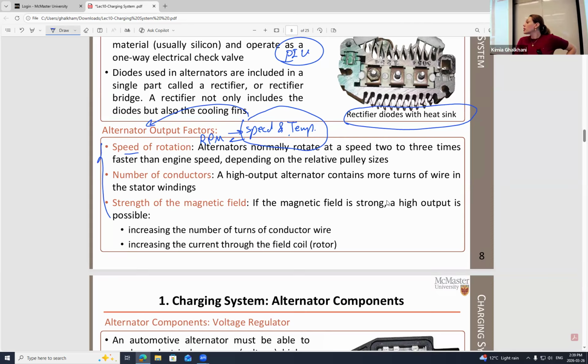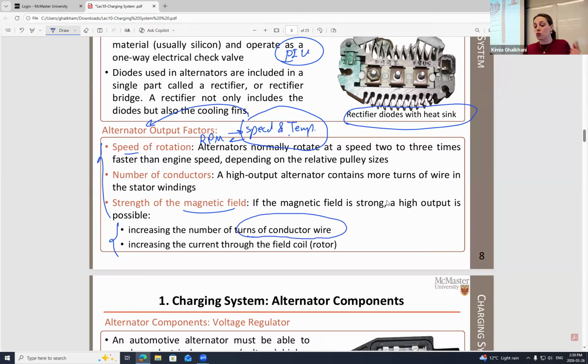As I said, there are multiple factors which are important in the functionality of the alternator, and one of them is the strength of the magnetic field. For example, if you want to control the alternator and if you want to boost it, we can increase the number of turns of the conductor wires. This is one way.